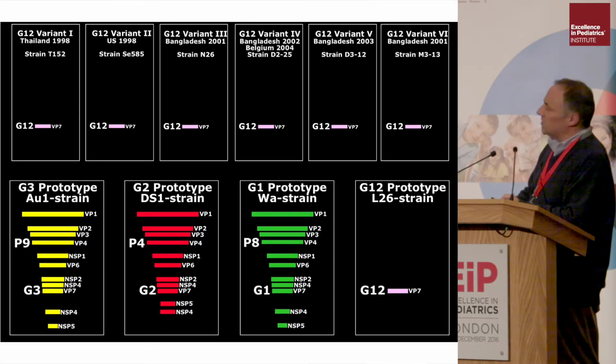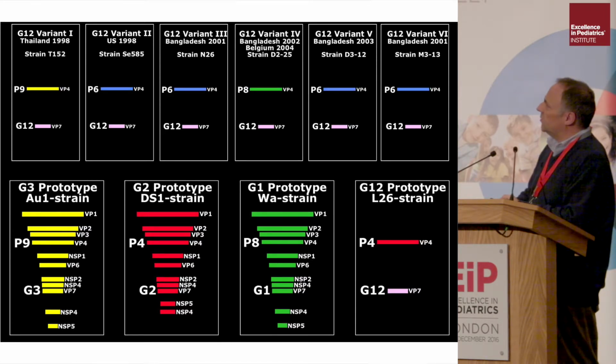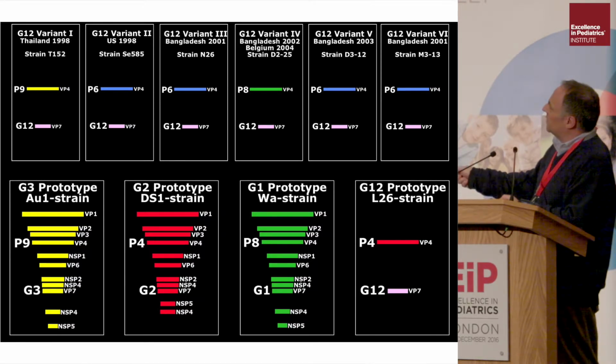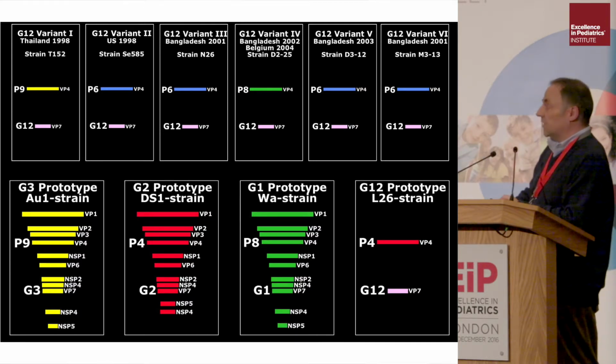Well, if you sequence the G12, you would think so. If you then sequence the P from the same viral particle, then you see that in the prototype it is associated with P4, which is in fact the P4 found in the G2 prototype. And then here you can see that you have G12 associated with P9, P6, P8, which is the most common, and P6, which is in fact the most common in countries such as Bangladesh.